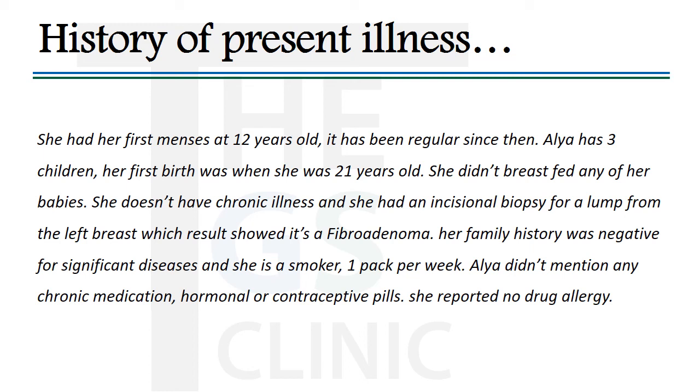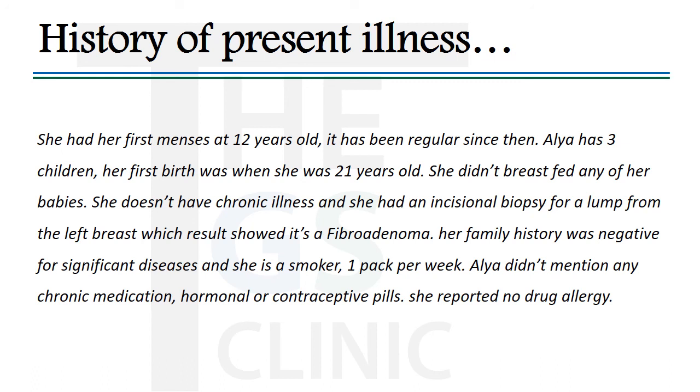She doesn't have chronic illnesses, and she had an incisional biopsy for a lump from the left breast, which showed it's a fibroadenoma. Her family history was negative for significant diseases, and she is a smoker, 1 packet per week. Alia didn't mention any use of chronic medication, or hormonal or contraceptive pills. She reported no drug allergies.